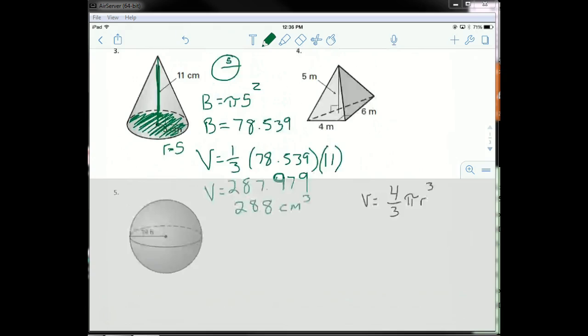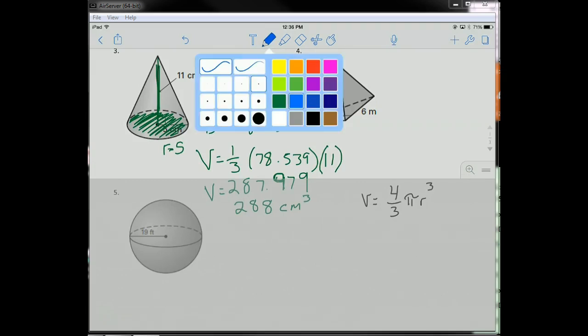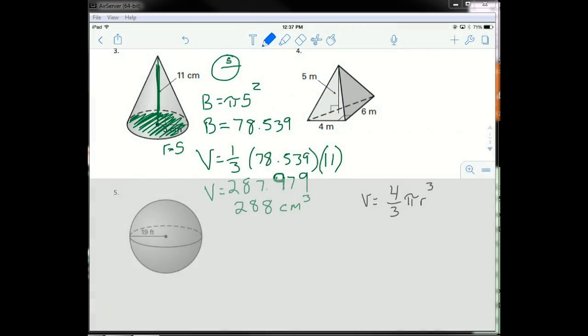All right, the next solid is a triangle base. So I will draw that triangular base. It's got a 4 and a 6 as our side lengths. The triangle area formula, 1/2 base times height. So half of 4 is 2. 2 times 6 is 12. The area of that triangle is 12.